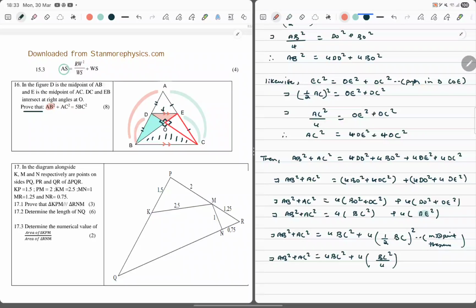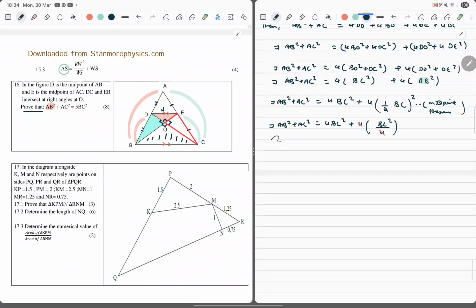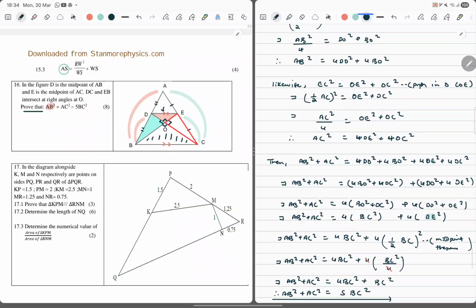Now this takes that, and then we have AB squared plus AC squared equals 4BC squared plus BC squared. Therefore, this is going to be 5BC squared. Proof done.